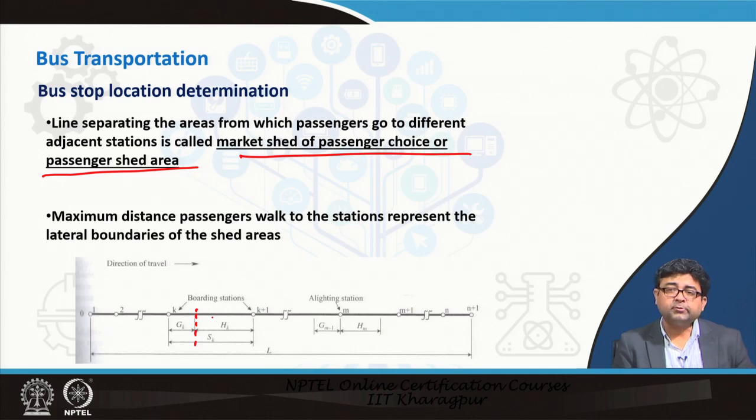Usually the thinking is that the market shed should be half and half, right. That line should be right in between the 2 stations. The market shed, or that line, means that if you are staying anywhere here or here, in the midpoint between two stations, say this is the midpoint between two stations, we assume that that is the market shed, right? However, we will see how the market shed has shifted to that side.